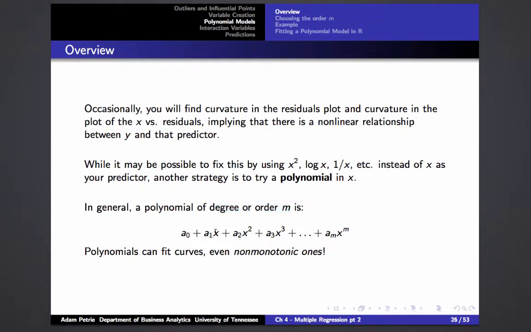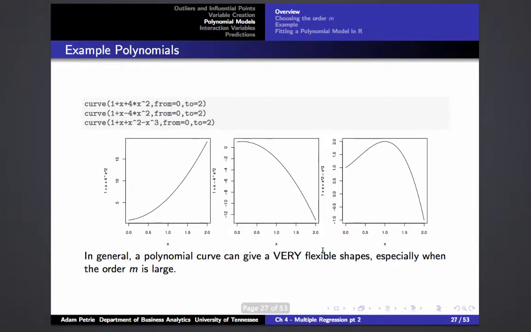So what's the use of a polynomial model? Well, a polynomial model actually gives very flexible looking curves. And in fact, polynomial models can even fit non-monotonic curves, which is the only thing that we've talked about so far that allows us to approach that sort of relationship.